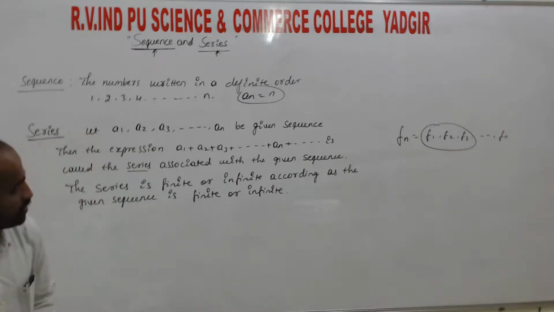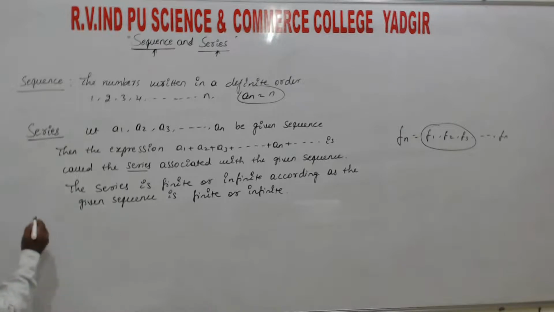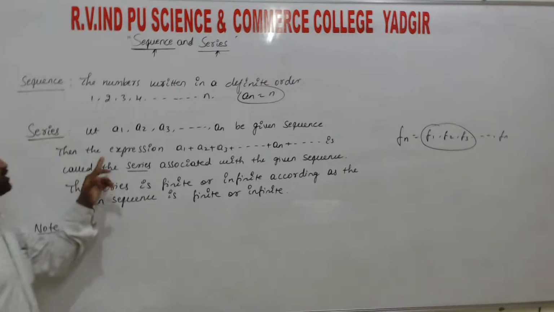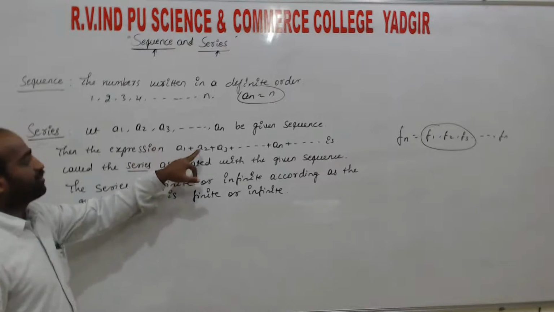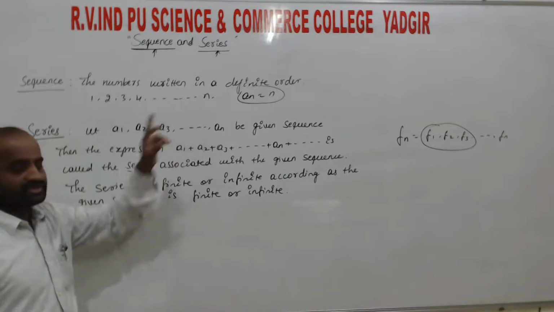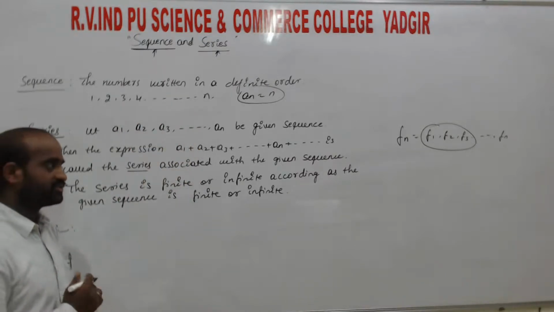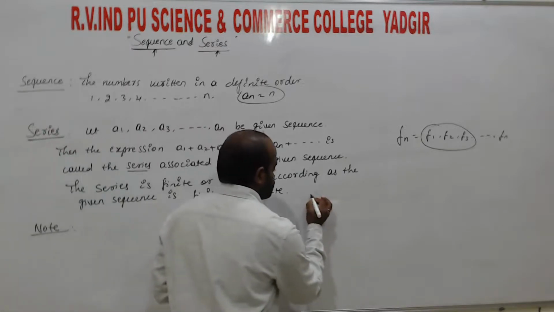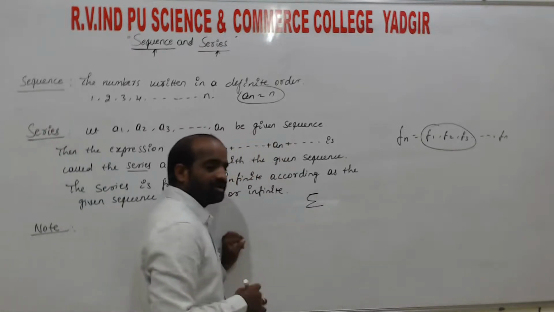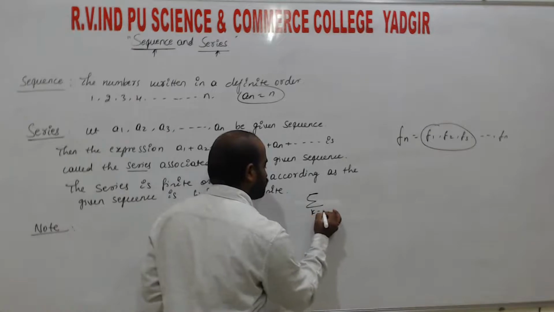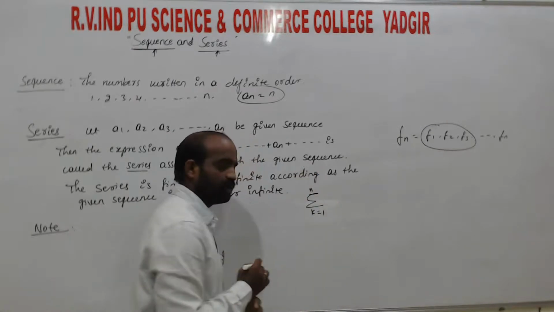One remark: you know this series, 1 plus 2 plus 3 plus and so on plus n. In sigma notation, it is the sum of k equal to 1 to n.